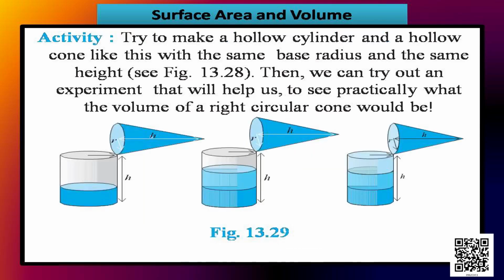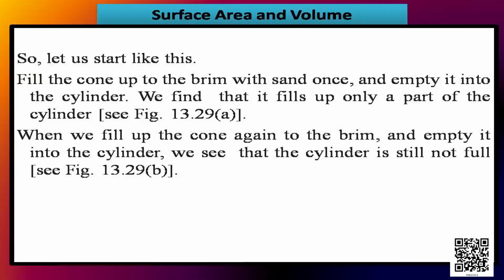Students, try to make a hollow cylinder and a hollow cone like the figure given in your book with the same height and same base radius. Then you can try out an experiment that will help you to see practically what the volume of a right circular cone would be.